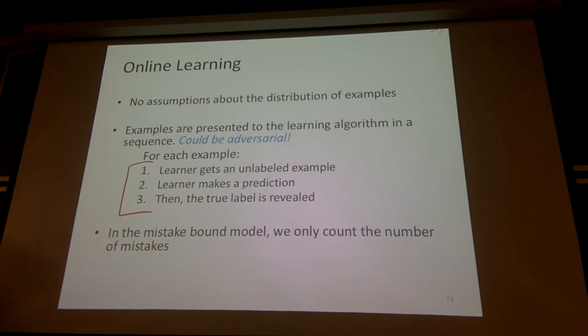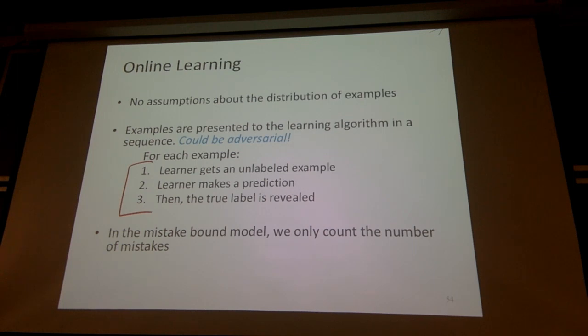A concept is called mistake-bound learnable if there exists a mistake-bound algorithm for that concept. Okay, so this is the framework that we were looking at, and at the end of the last lecture, I mentioned that I can define whatever I want. I can call an algorithm mistake-bound. That doesn't mean there exists any mistake-bound algorithm.